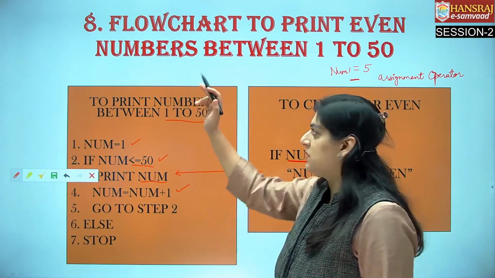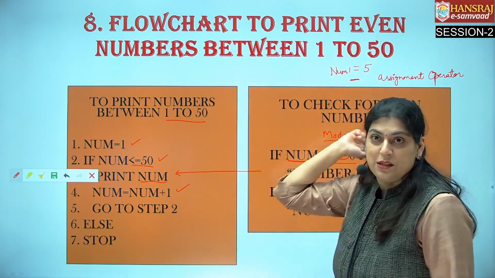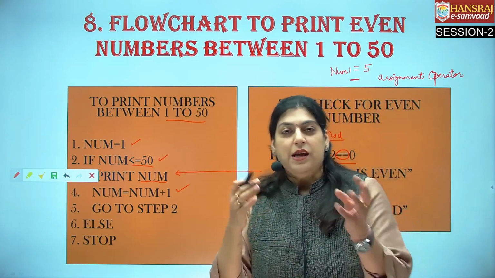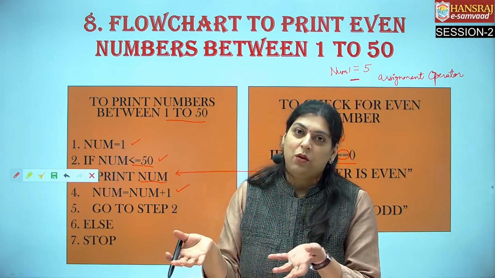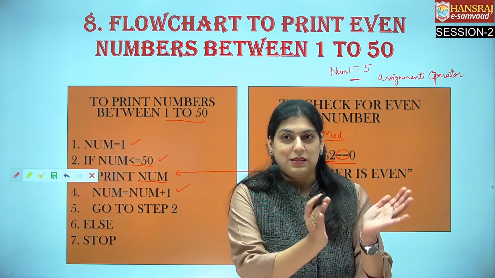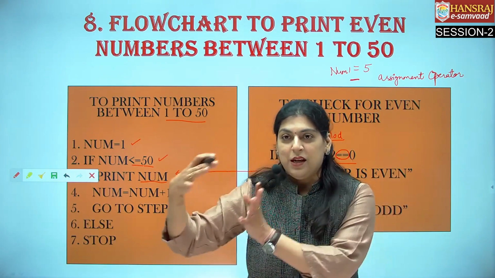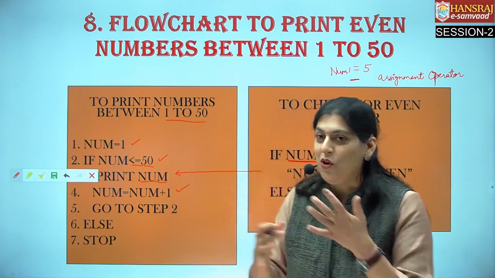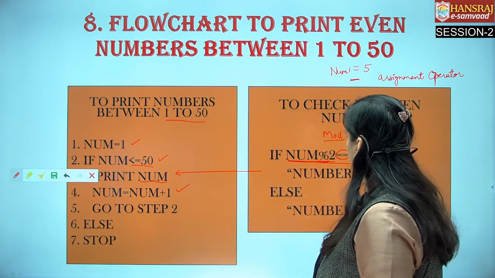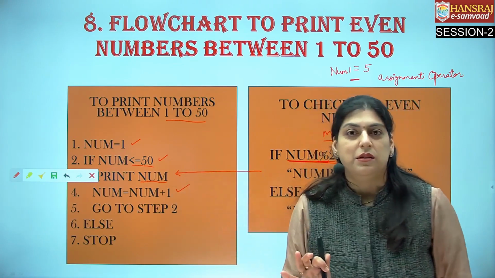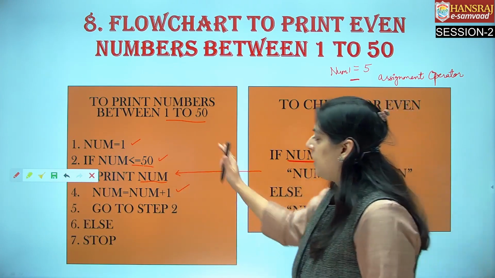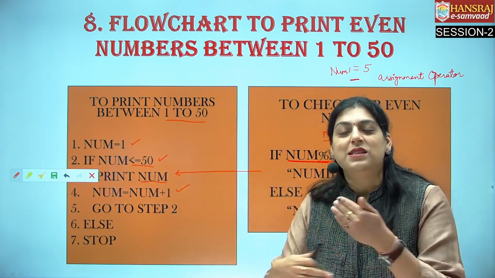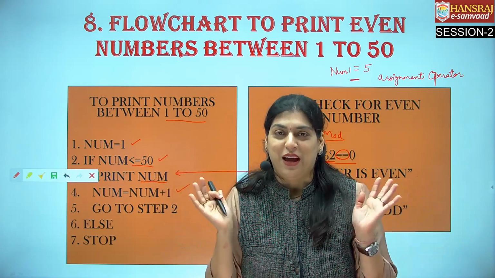My task is to print the even numbers. So I have broken down this problem into 2 components. First, we have seen that if a number is given to me, I can find out if it's even or odd. I have kept this separately. Another problem is that I need the numbers 1 to 50. Later on, I will be incorporating this concept into this one. So this is the concept of looping. I need to execute the same statement 50 times in this case.